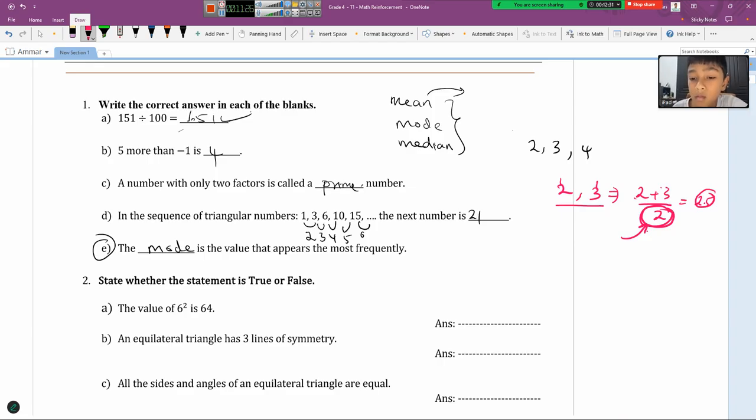Now 5 comma 8, what's the average of these two numbers? 8 plus 5. And 2. 2 where? In the downside.